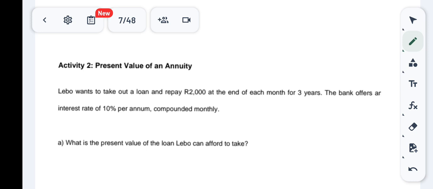That 2,000 is your X. And the bank offers an interest rate of 10% per annum compounded monthly. This is my I. What is the present value? We are looking for P. So you need to collect data: I've got X, I've got 3 years, I've got 10%, and the compounding period.